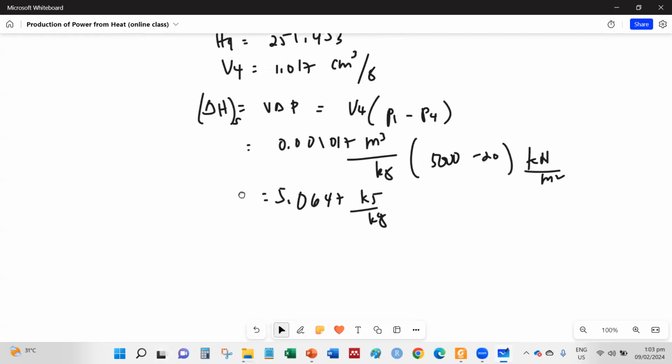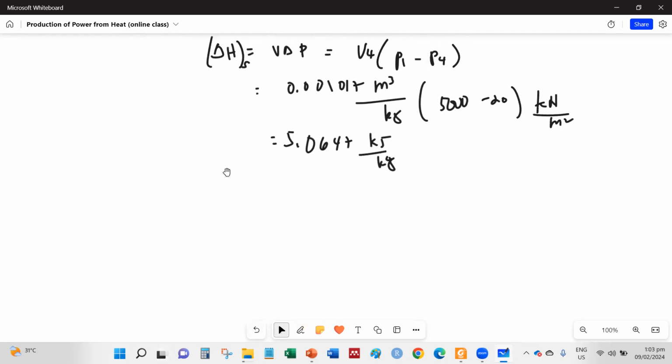Next, we have the delta HS of the pump. We calculate for the actual. Remember, the efficiency of the pump: which one goes on top? The isentropic, because it's smaller, has a smaller value.